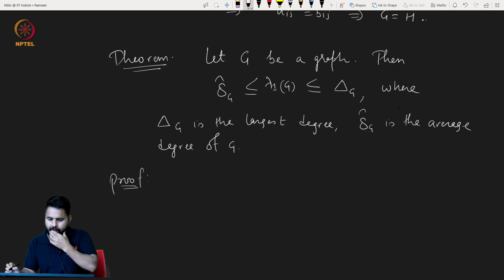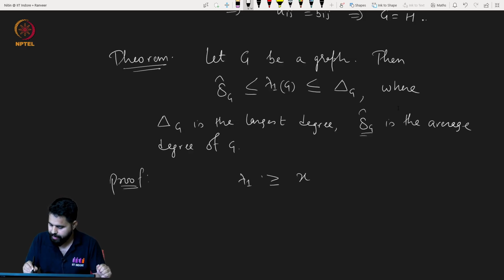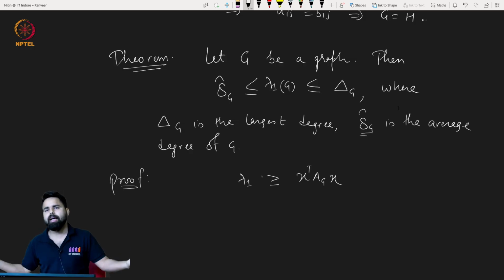Let us first prove the average degree part. We know that lambda 1 of G is always greater or equal to x transpose times the adjacency matrix of G times x, where x is a unit vector. Whenever I write this, you assume that x is a unit vector.